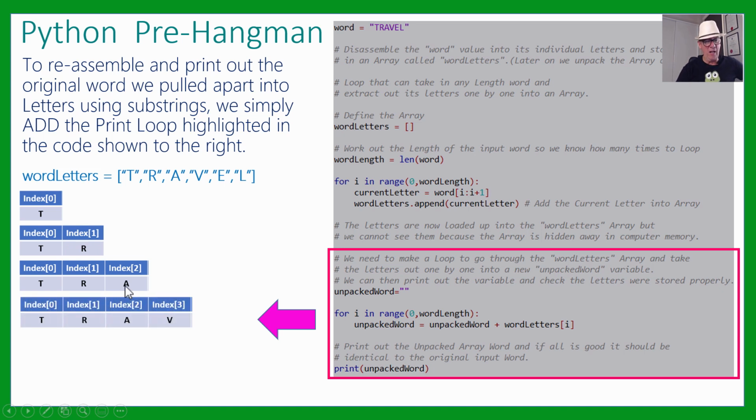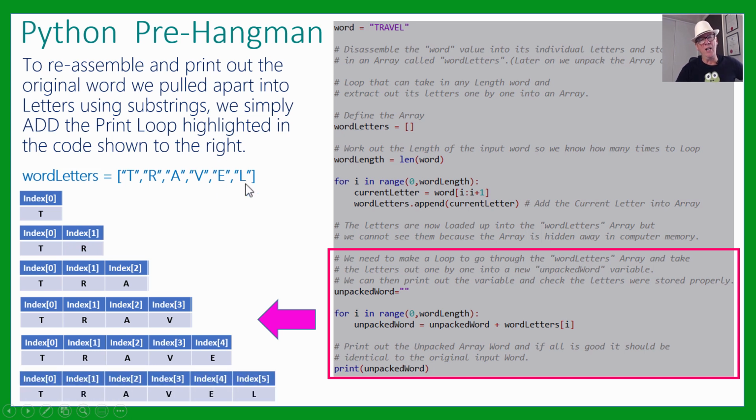Then it's going to add V onto the end. It's going to find the E, which is here on the next looping, and add that on the end. Then it's finally going to get to the last letter, the last repeat of the loop, and it's going to plus that letter onto the end. So we're gradually pulling the letters out one by one and joining them on, using this plus sign to add them on.